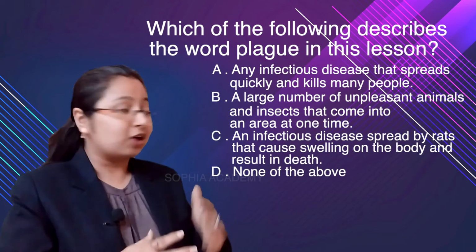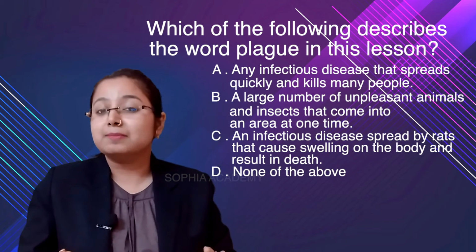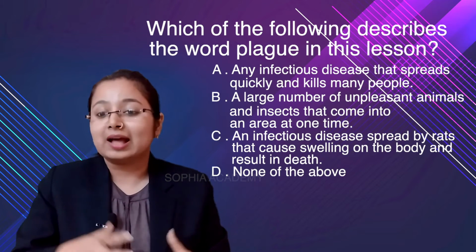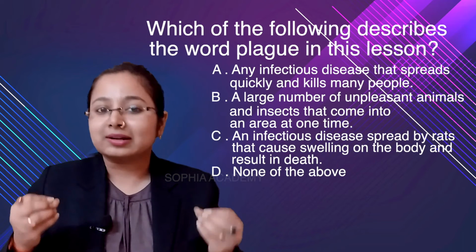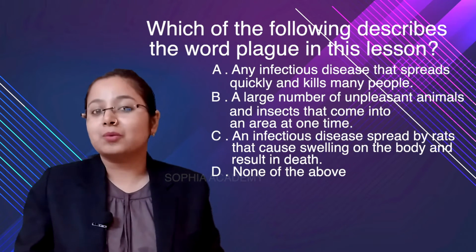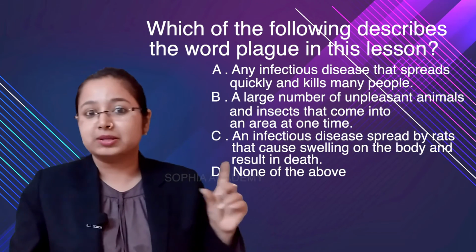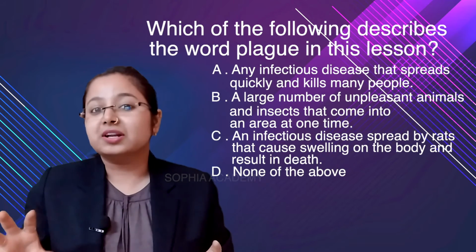Now let's move to the third option. The third option is any infectious disease spread by rats that causes sufferings on the body and results in death. There is no mention about rats in the story. And the fourth option is none of the above. So I was explaining the second one, that is option number B. Plague of locust, this was mentioned in your book.